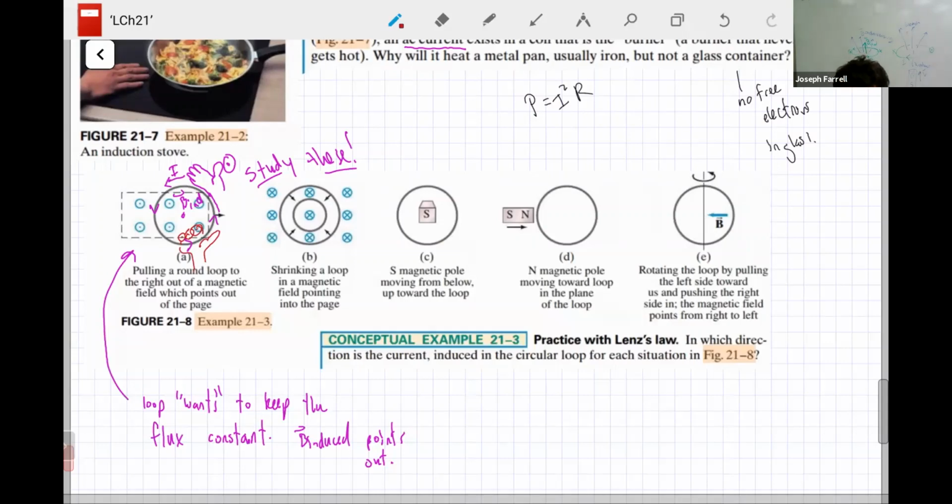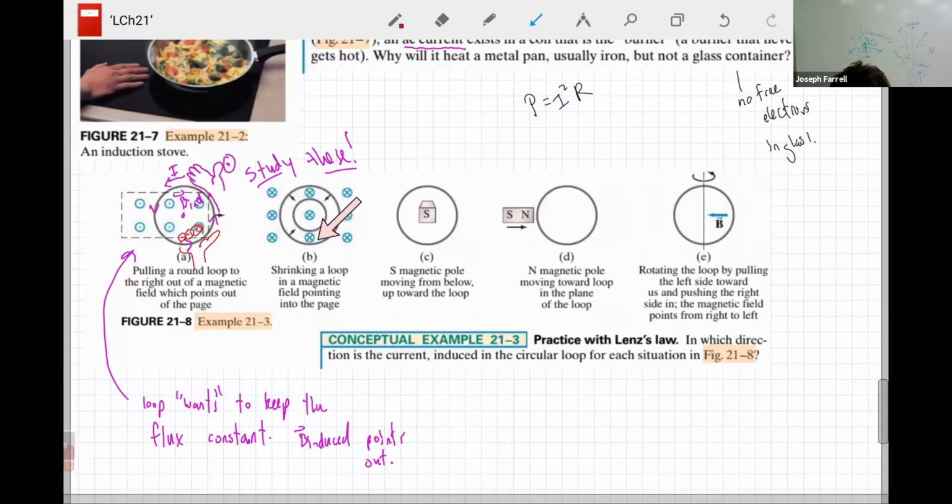So try those other ones. And notice these don't all involve changing magnetic fields. Here, you're moving the loop. So in this case, there are actually electrons in here, and there are forces as you're taking it out. And so this induced current may not be due to an induced electric field, but rather due to magnetic forces.